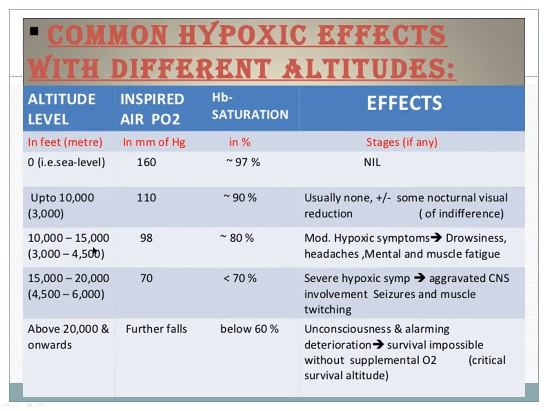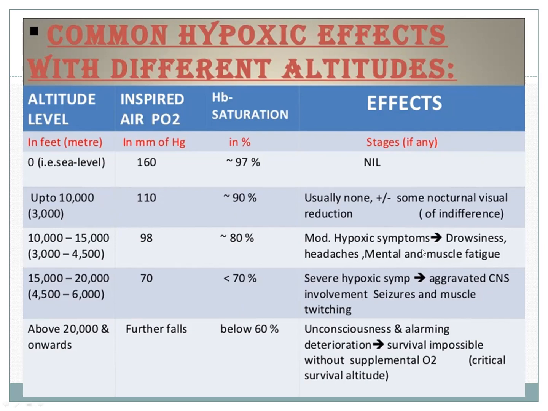So at around these levels, with the pressure decrease and less saturation, you are going to have the moderately hypoxic symptoms. More than that, at 15,000 to 20,000 feet, there is a drastic decrease in the pressure to 70, and saturation will be less than 70%, and that creates severe hypoxic symptoms, which will lead to aggravated CNS involvement.